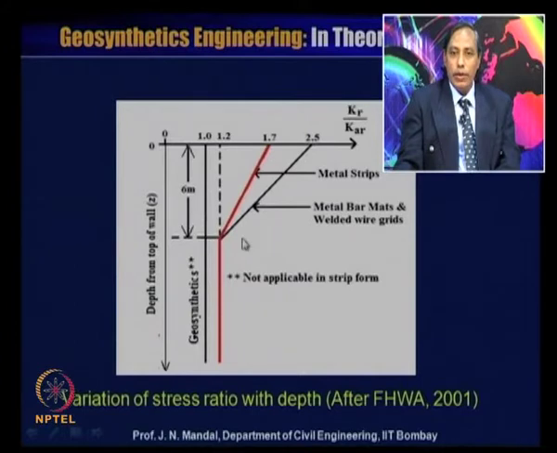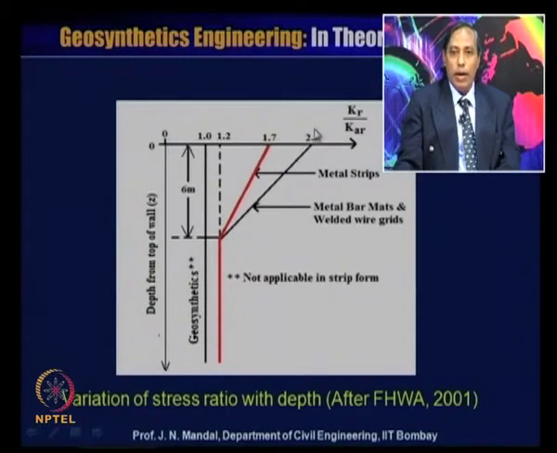That means, in case of the metallic reinforcement, this value lies between 1.2 to 2.5 or 3 depending upon the type of the metallic reinforcement. If it is a metal strip, you can interpolate and calculate this.